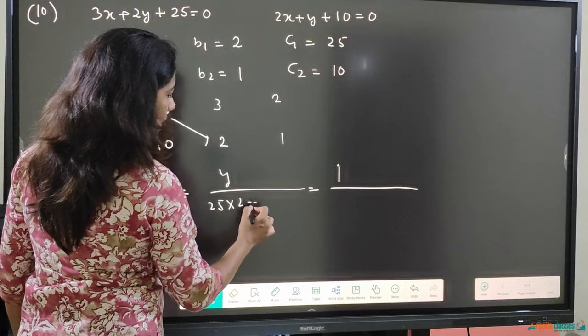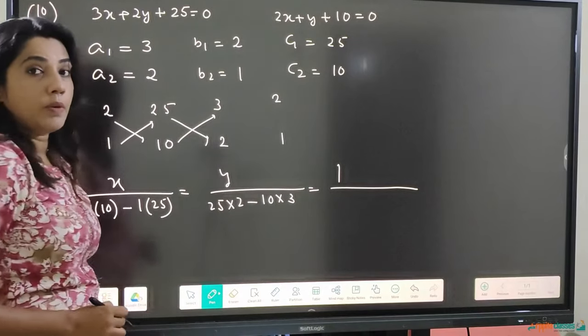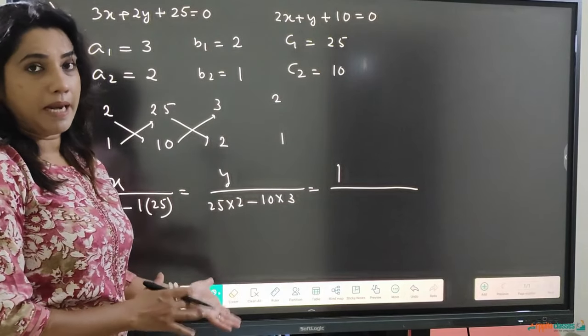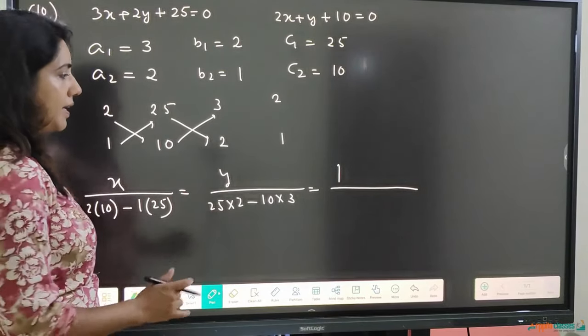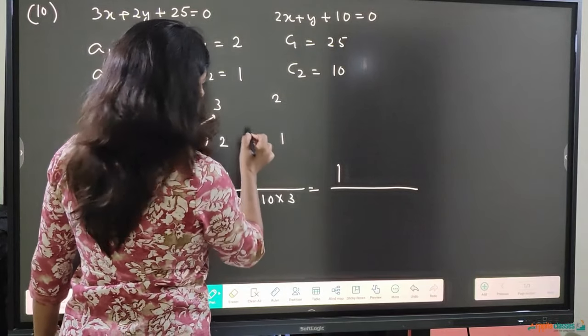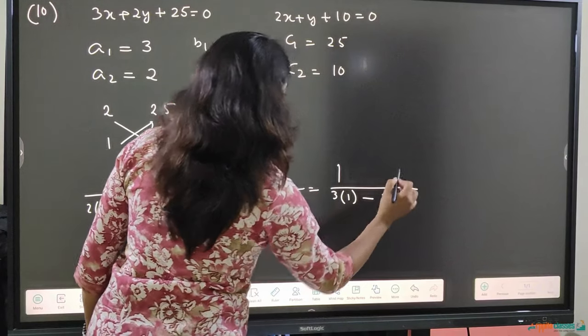Y upon 25 into 2 minus 10 into 3. I am doing it a little fast because already we have done many sums. You can pause the video, do the sum on your own and get it checked after you are done. 1 upon 3 into 1 and minus 2 into 2.